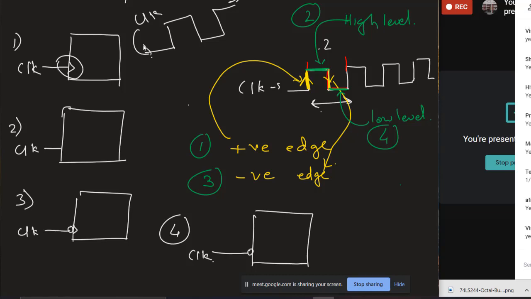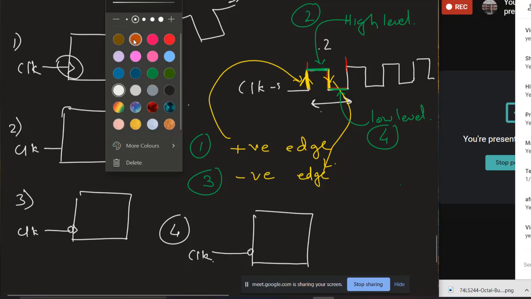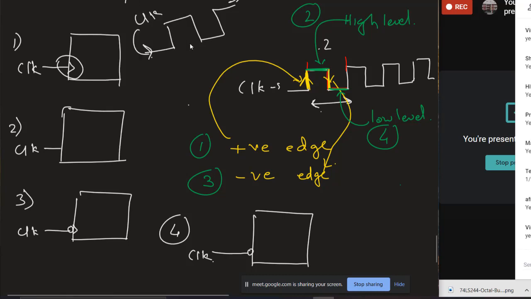Oh, color is not changing. Okay, so this represents that the output can change according to the input only when a rising edge is present at the clock signal, and the other time the output will not change.